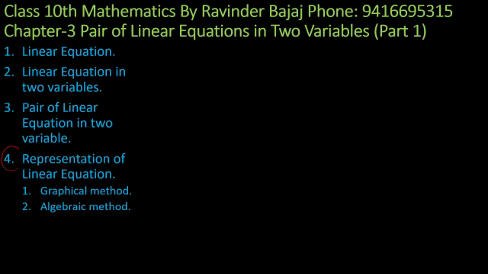Now the fourth point, representation of linear equations. How to represent it? There are two methods, graphical method and algebraic method. Using the graphical method, you can represent a linear equation in two variables with a line. The graph will always give a line to you. Now listen carefully.